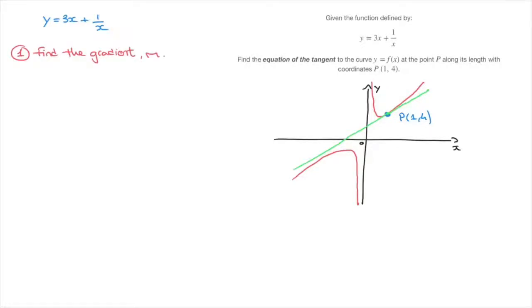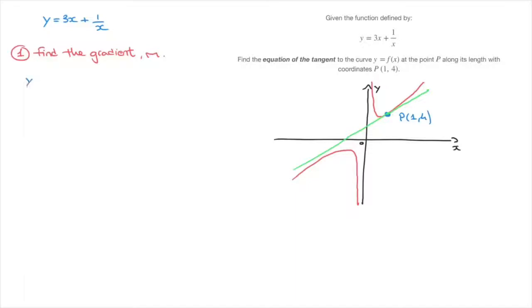Now, to do that, we use the fact that the tangent, by definition, has the same gradient as the curve at this point P. So we need the gradient of the curve, and for that, we need the derivative of the function that we were given, which was y equals 3x plus 1 over x. So we need to find dy/dx, the derivative.